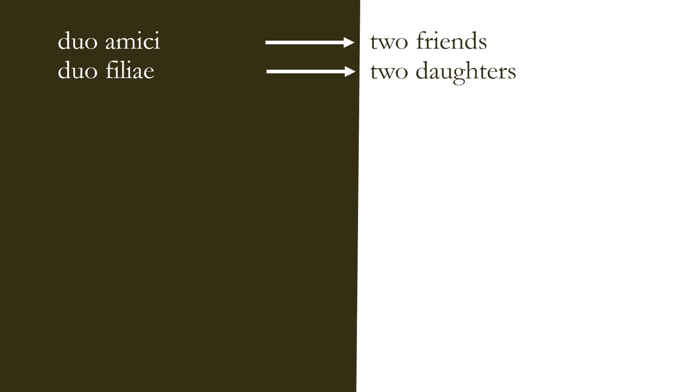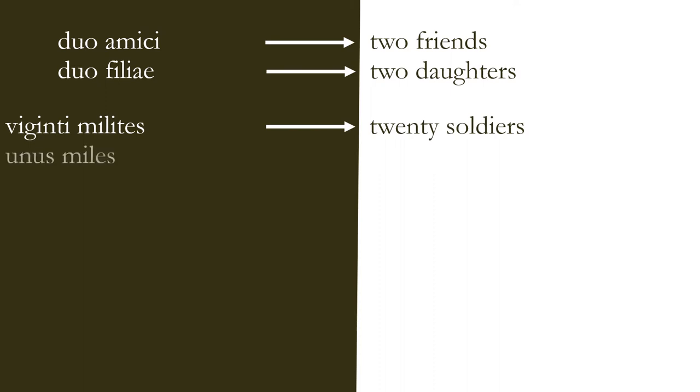So we're using the feminine version of two. And filiae is daughters in the nominative. Viginti milites, 20 soldiers. Unus miles, one soldier. And we know because of the us here that a soldier must be masculine.